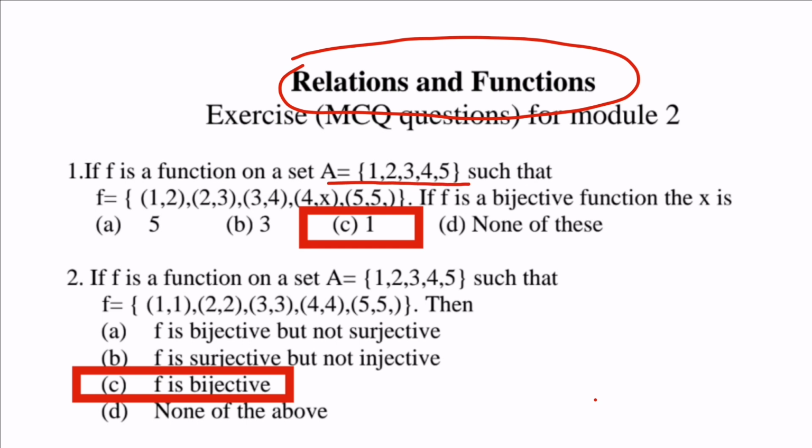such that f is equal to the ordered pairs (1, 2), (2, 3), (3, 4), (4, x) and (5, 5). If f is a bijective function, then x is equal to what? So this can be discussed with the help of a diagram.